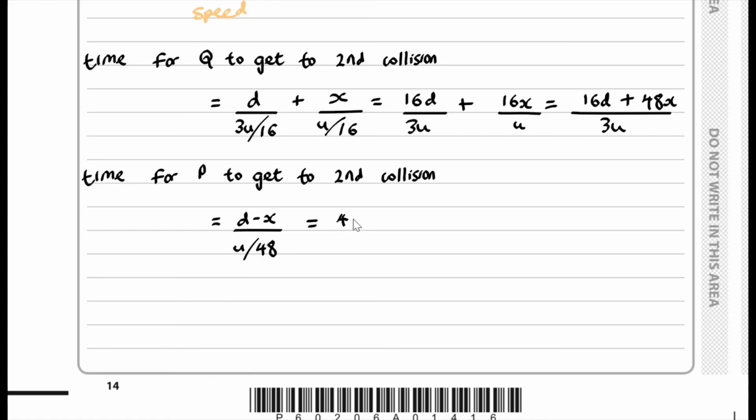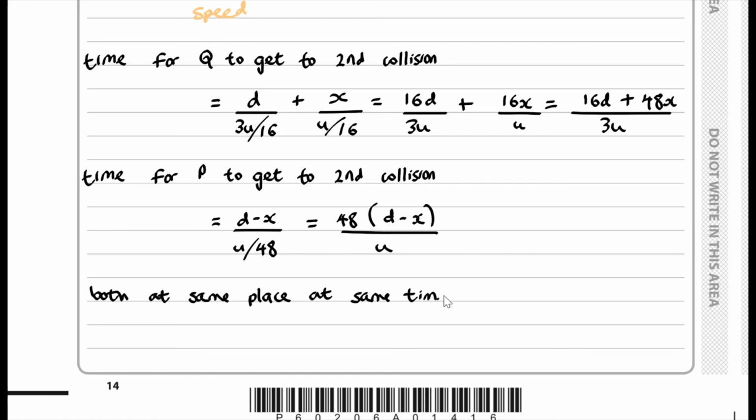So we have 48 lots of d minus x over u. Okay, and the next thing to do is recognize that they'll be both at the same place at the same time.